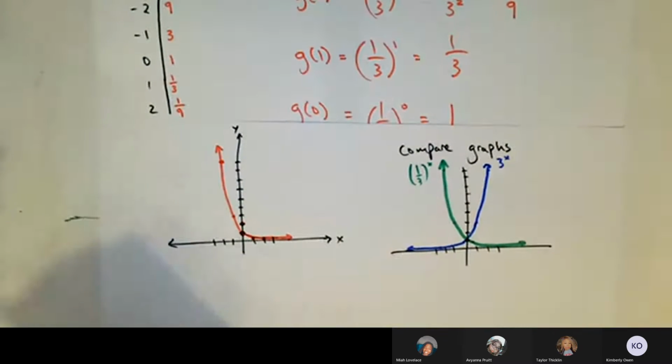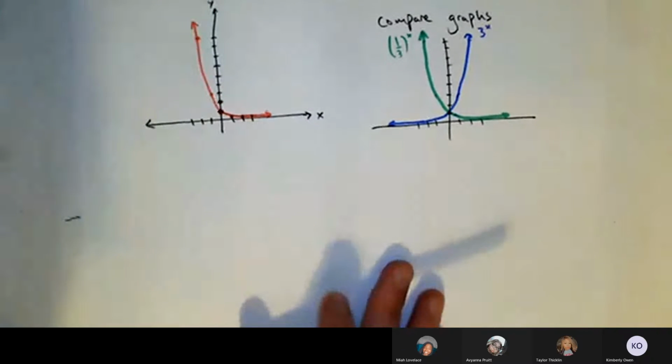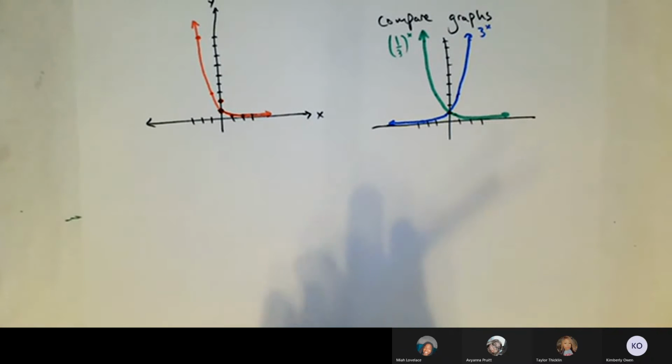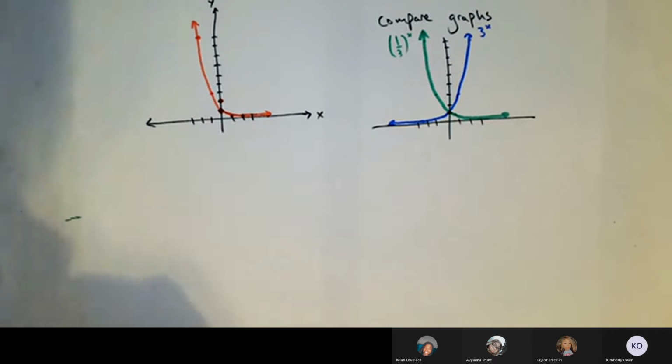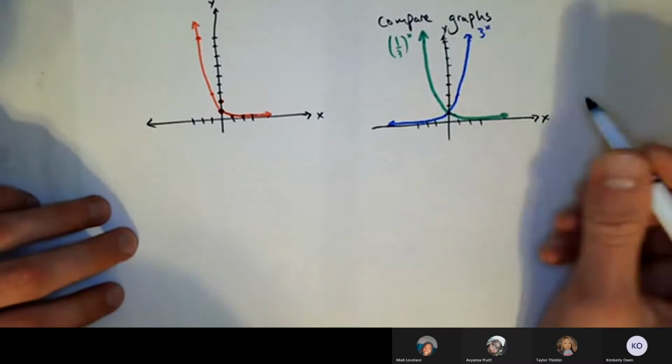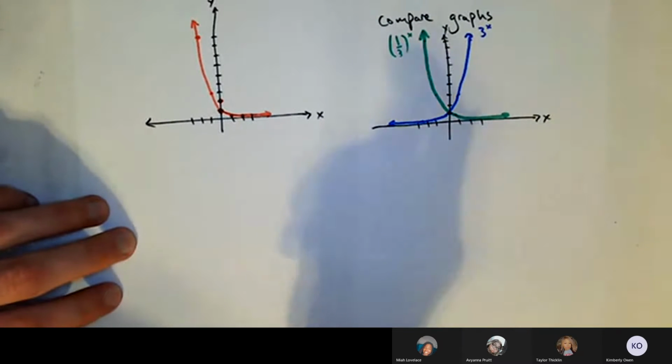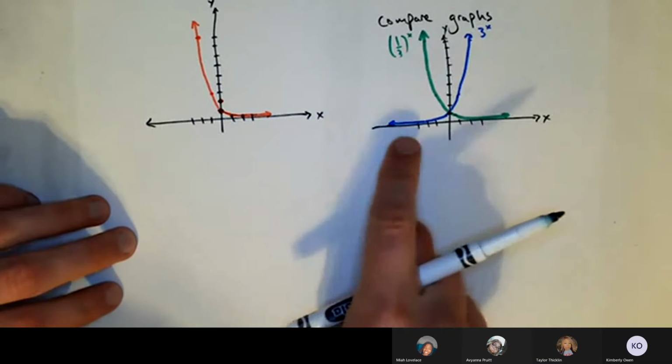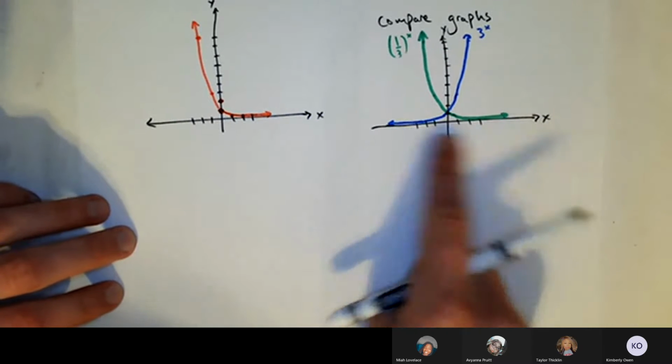So what's going on here? What we can do is we can say, oh, what's the relationship graphically? These are reflections of each other over the y-axis, right? If I take either one of these and I spin it around the y-axis, then I get the other function.